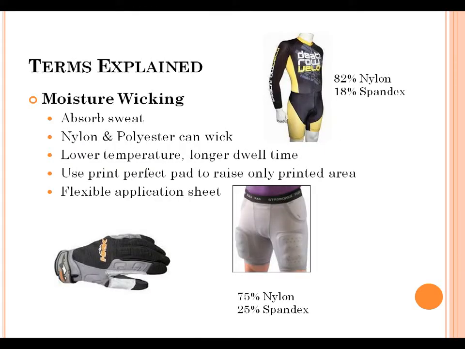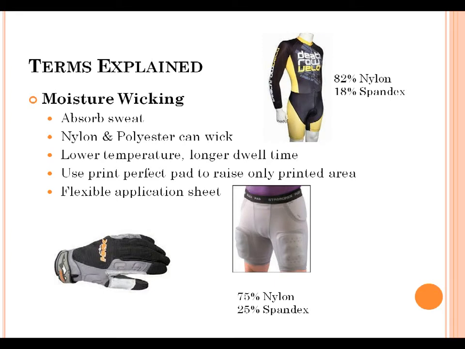So moisture wicking. Most of us think of moisture wicking as being polyester, but that's not exactly true. Moisture wicking can either be nylon or polyester. The term just refers to any fabrics that have the ability to absorb sweat from your skin and then pull it through to the outside of the garment. This leaves your skin dry and comfortable, and allows the sweat to evaporate more quickly off the top of the garment.